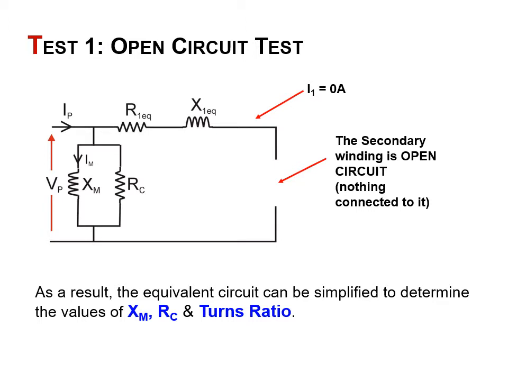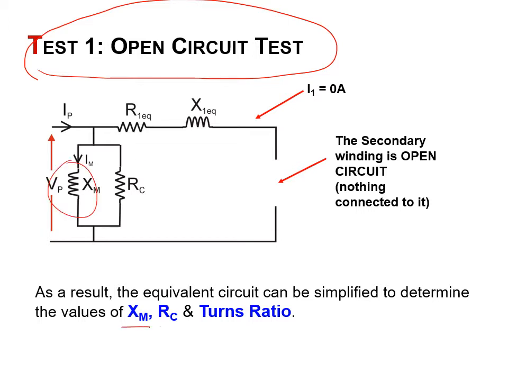The first test we want to look at is the so-called open circuit test. That's where we take the secondary and have no load across it. From this, as we'll see, we can determine Xm, Rc, and the turns ratio, Np over Ns.